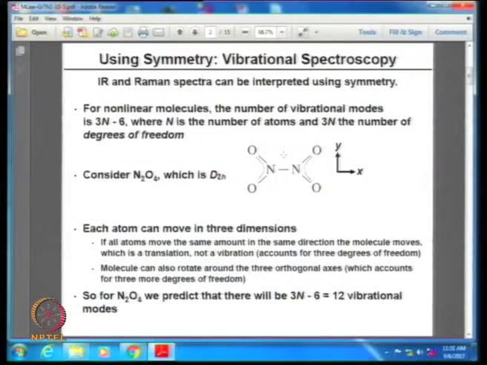Now begins the physical thing where we will come to the rotations, the elements of rotation as well. So for N2O4 we may predict that there will be 3n minus 6 vibrational modes, because for any molecule the 3 degrees which are just bulk translation of the molecule and the 3 rotations which are just rigid rotation of the molecule as a whole, they don't enter spectroscopy.